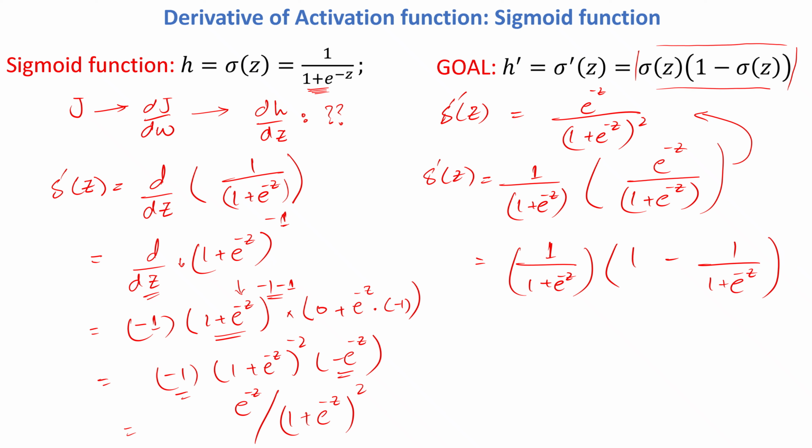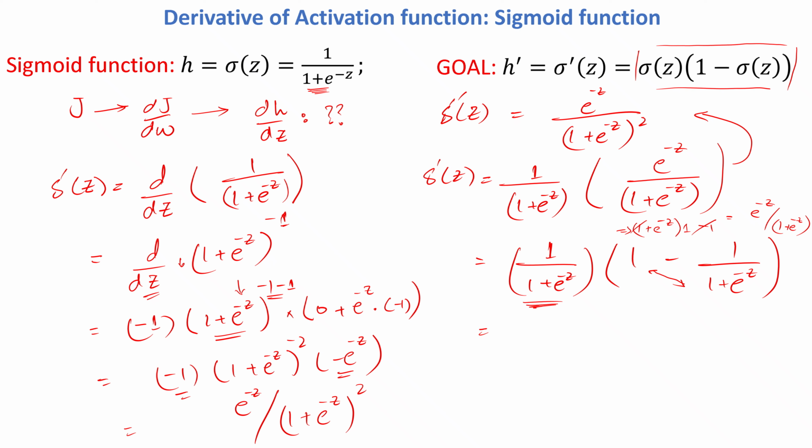Just to check our LCM: when we multiply this term with the 1, this will be 1 plus e to the minus z, and then minus 1. So this one will stay as it is, and this one will cancel out with this. So in the numerator we will have e to the power minus z, and in the denominator we will have 1 plus e to the power minus z. Okay, so we have solved this.